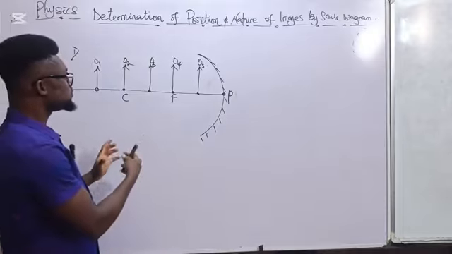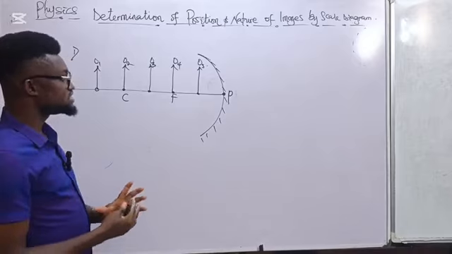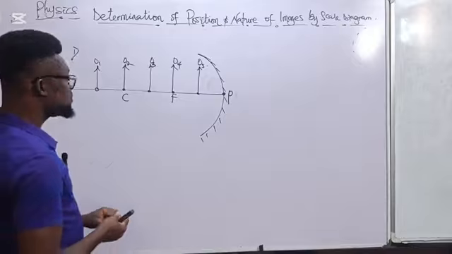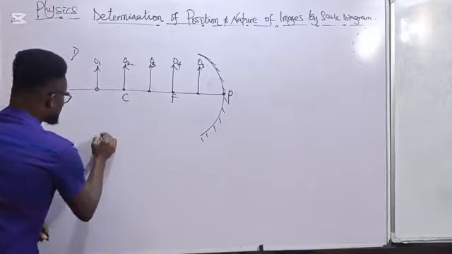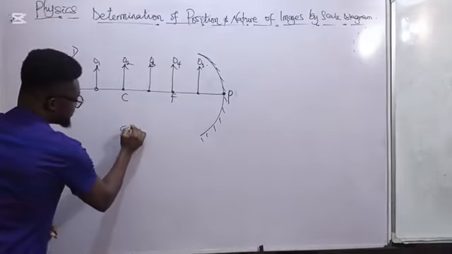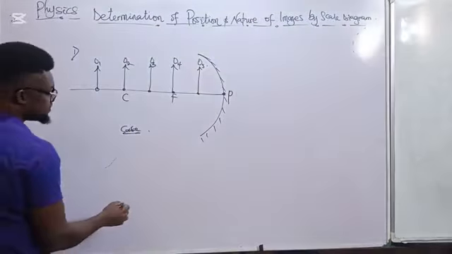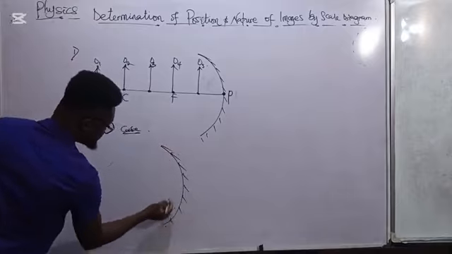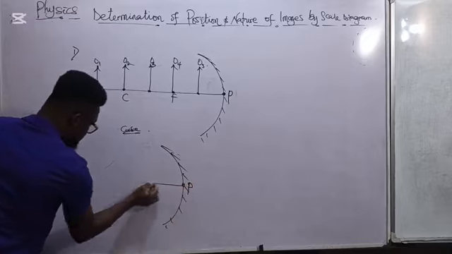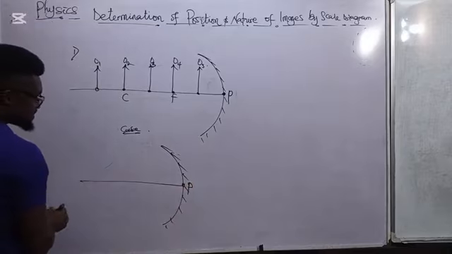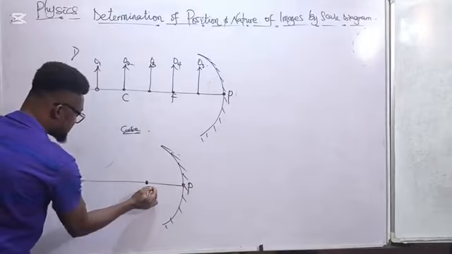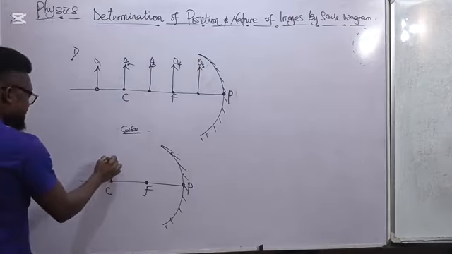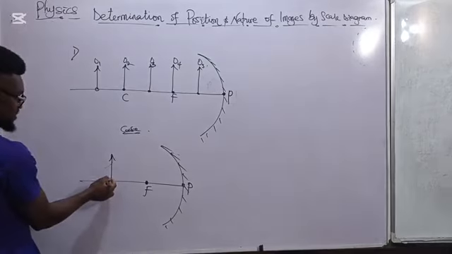Now, for you to know the position of the image, there are 3 diagrams you have to learn. First, when you have a mirror, that's the first case. Here is the pole, here is the principal axis, here is the principal focus and here is the center of curvature. Let's say we have an object here.